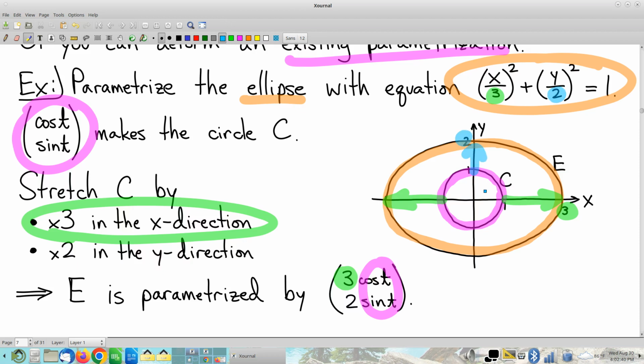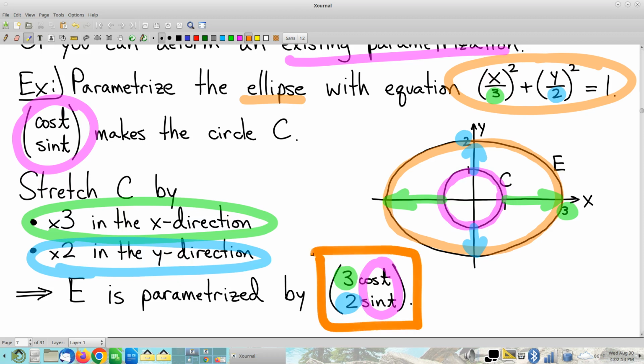That tells me I need to stretch vertically by a factor of 2, in which case I multiply all the y-coordinates by 2, which, again, is easy to do. So all together then, my ellipse is parameterized by something that started off with the unit circle, and then I just deformed it appropriately.